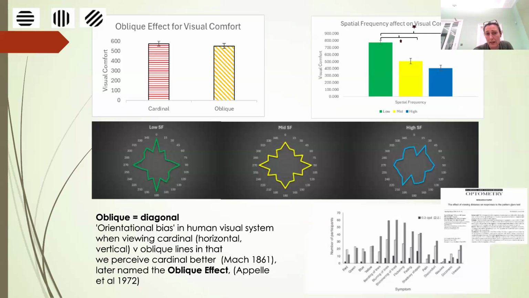So I've done a little bit of work asking people to rate the comfort of gratings, so of stripes, and found, just in the non-clinical population, that people indeed find particular spatial frequencies more uncomfortable, and particular orientations more uncomfortable, and that affects their level of comfort.